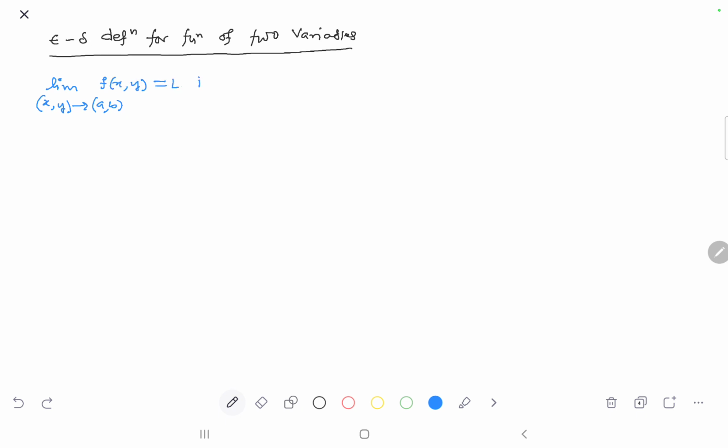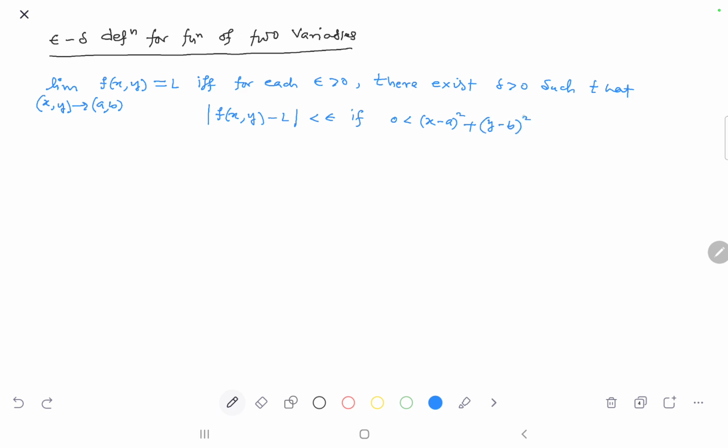If and only if, for each epsilon greater than 0, there exists delta greater than 0, such that the absolute value of f(x,y) minus L is less than epsilon if 0 is less than the square root of (x minus a) squared plus (y minus b) squared, which is less than delta.